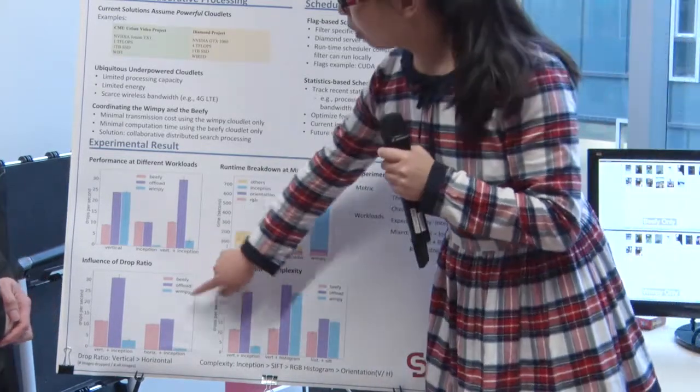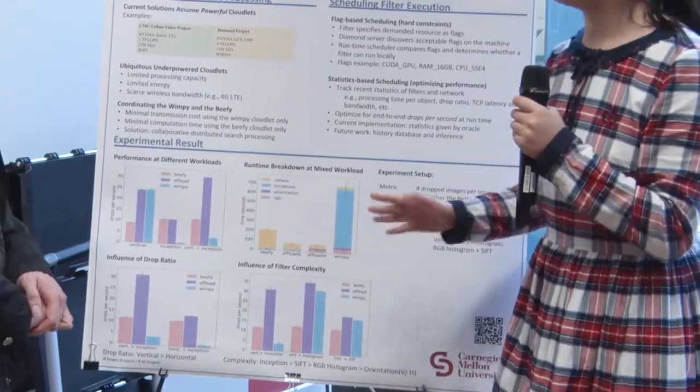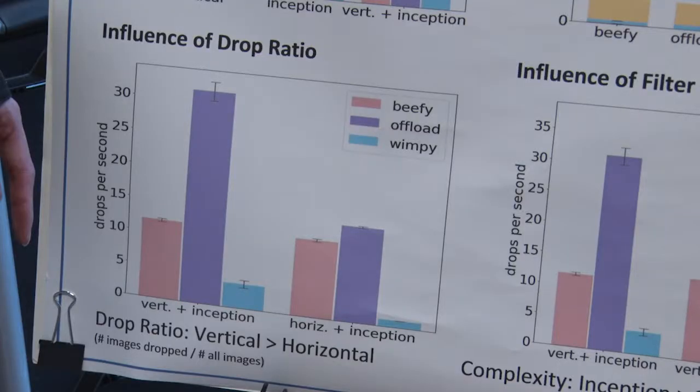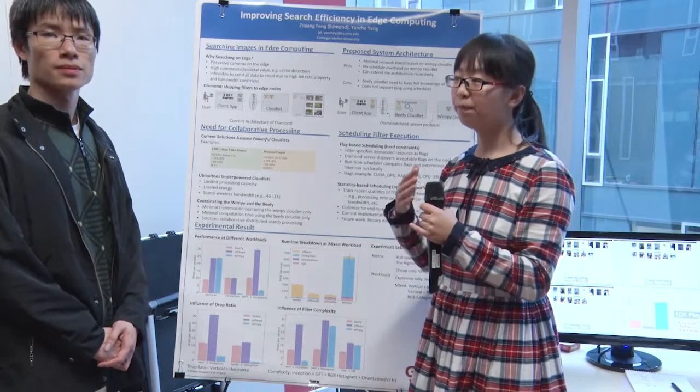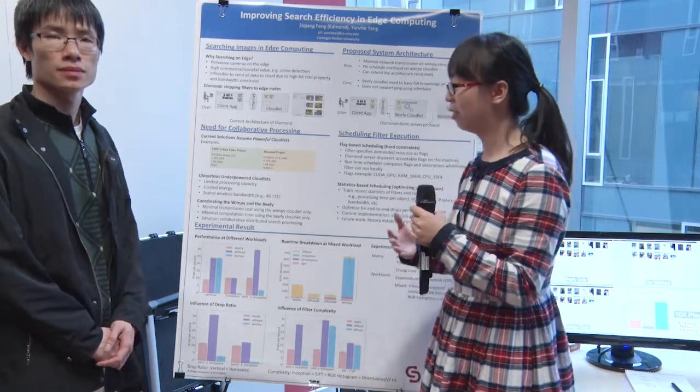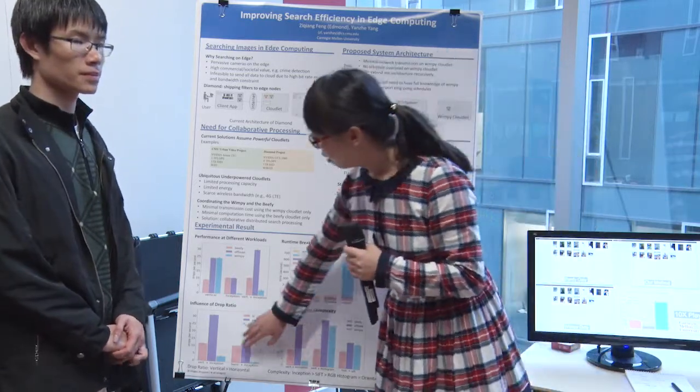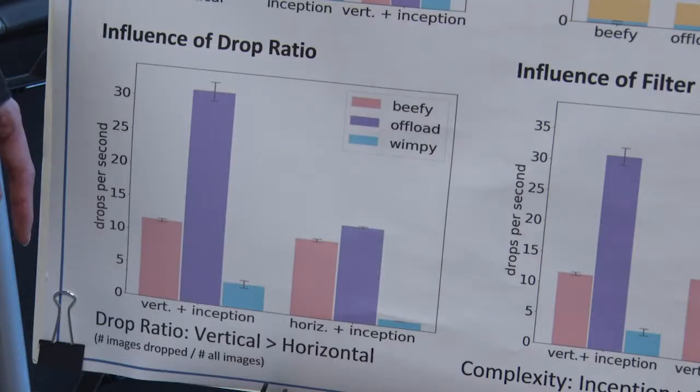And these two graphs will show the influence of different factors. This graph will show the influence of the job ratio. That means how many images will be dropped by this filter. The left stacked bar is the vertical and Inception. The right stacked bar is the horizontal and Inception.